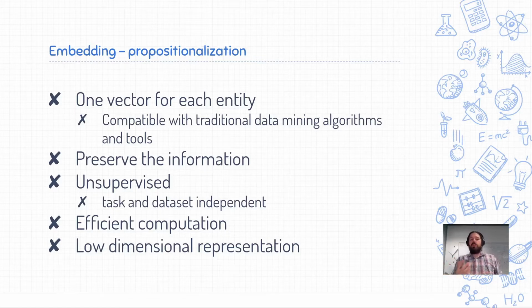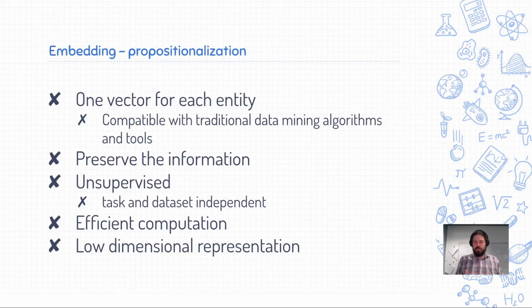The main thing which we want from this embedding is that it preserves the information which is in the original graph, and preferably, at least for now, we want things unsupervised, such that the embeddings we obtain would be task and dataset independent. They come from a certain graph, but then they should be useful for everything.